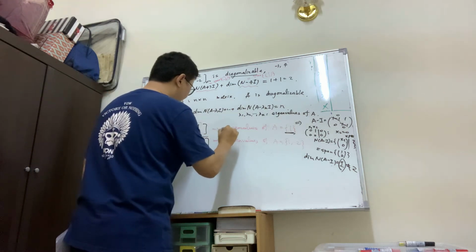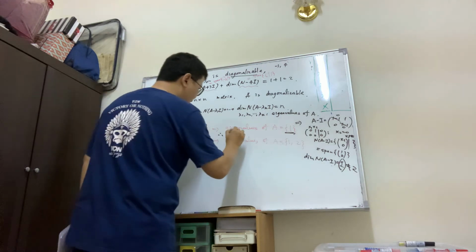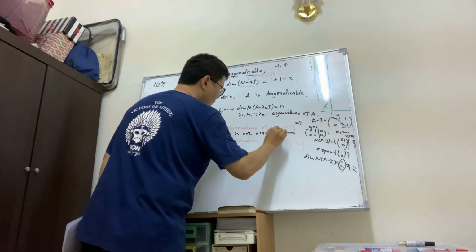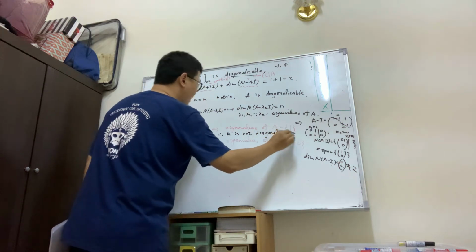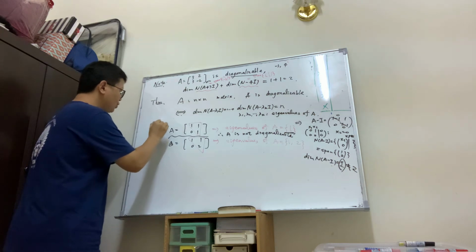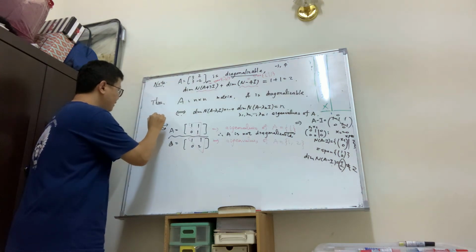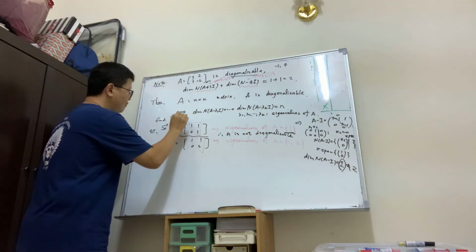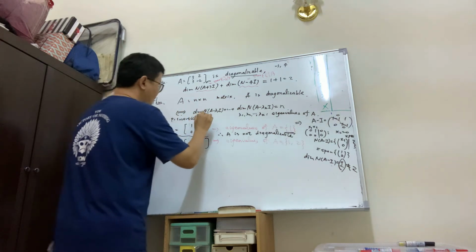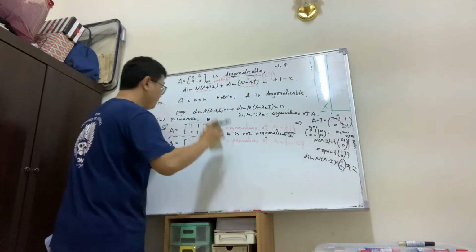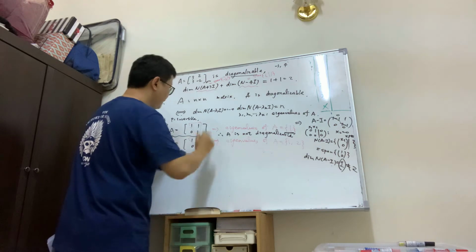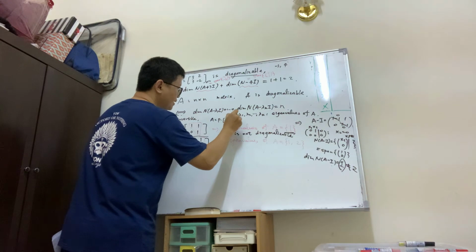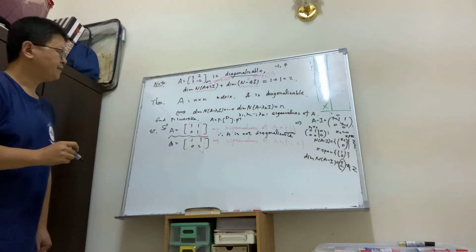So A is not diagonalizable. It means that we could not find an invertible matrix P such that A equals P times some diagonal matrix D times P inverse.